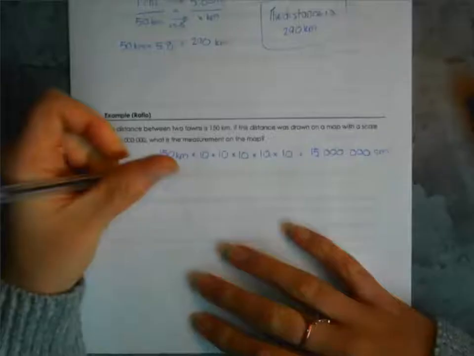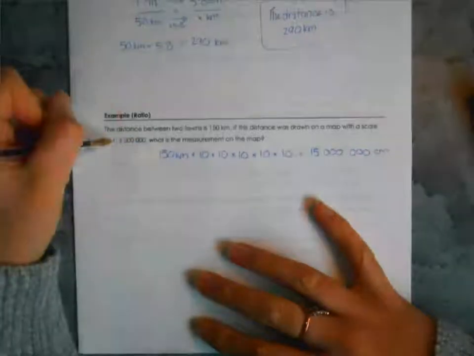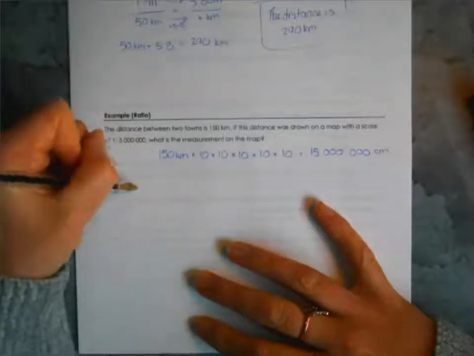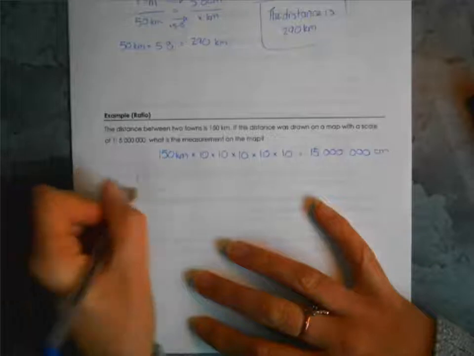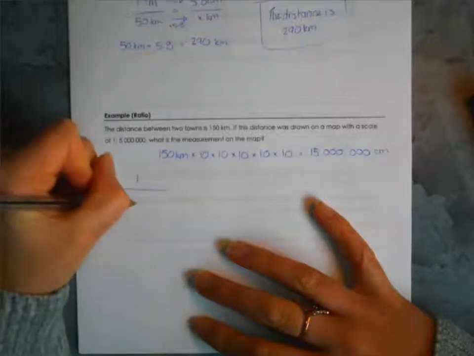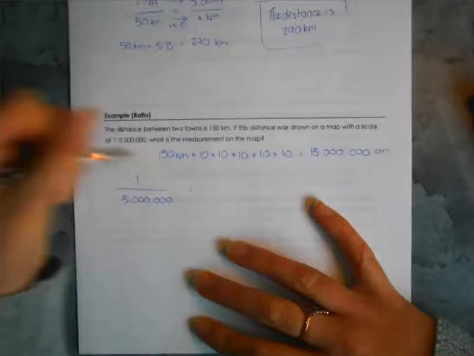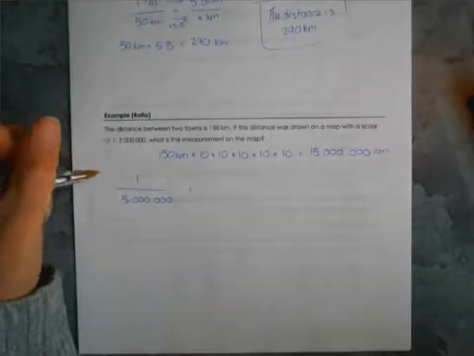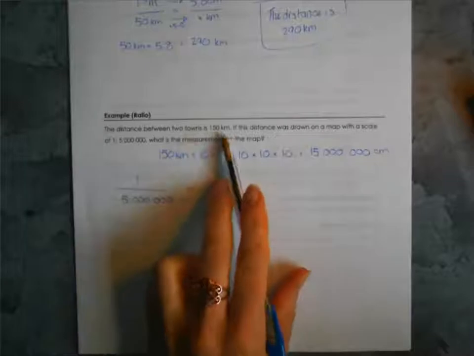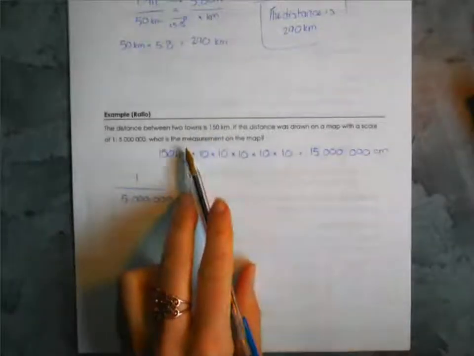Okay. So the reason why this is making things easier is because now I can set up my ratio as a rate where I have 1 to 5 million is equal to, and then I want to think about what is the measurement on the map.